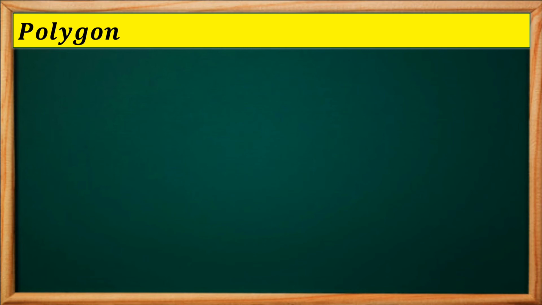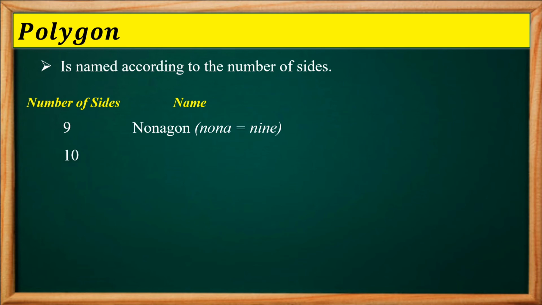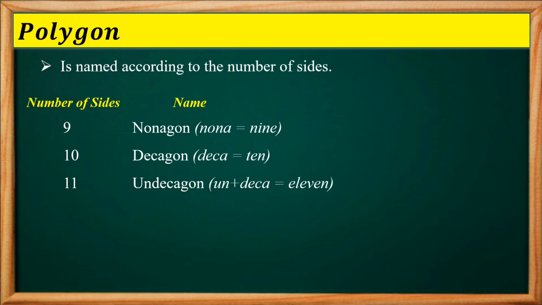Then 8 angles. Next is 9. Then it is nonagon. Nona, it means 9, 9 angles. 10, decagon. Deca, it means 10. 11, we have undecagon. It means undeca, ibig sabihin 11. Next, 12, dodecagon. Dodeca, it means 12.